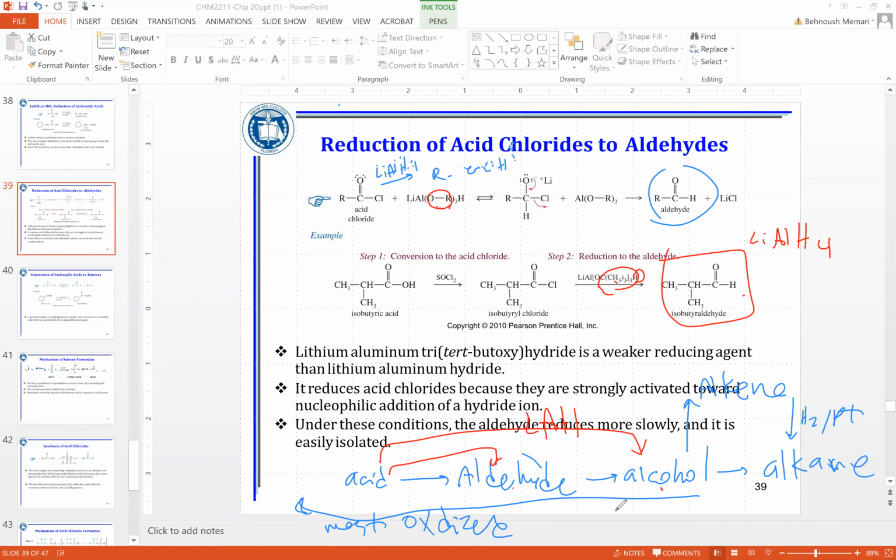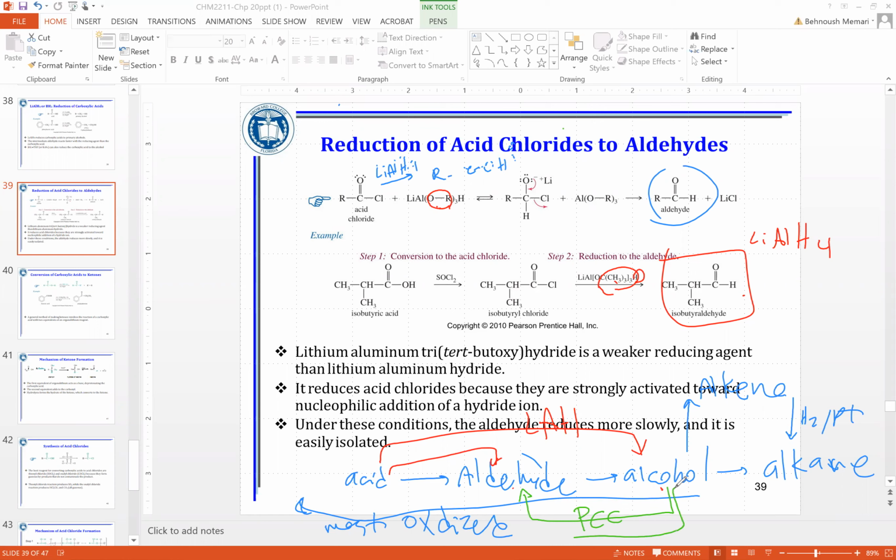The opposite was true, and you saw this before, when we talked about oxidation. If you want to go from alcohol to aldehyde, you would use PCC only. You cannot use a strong oxidizing agent, right?